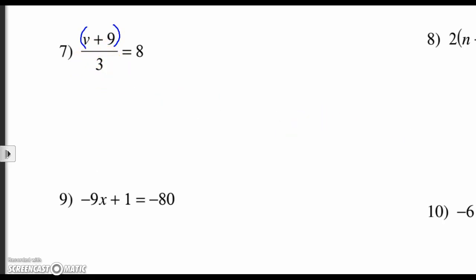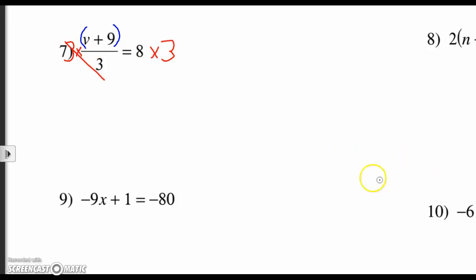So in this case, we actually have to work backwards by undoing the dividing by 3. We undo that first. So we multiply by 3 on both sides. That would cancel.